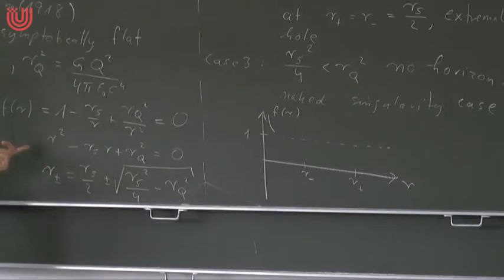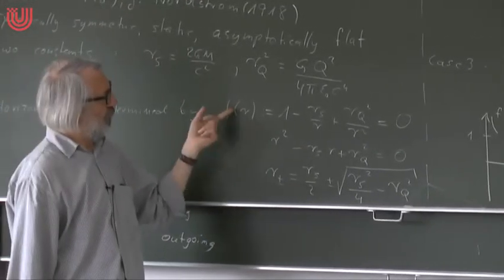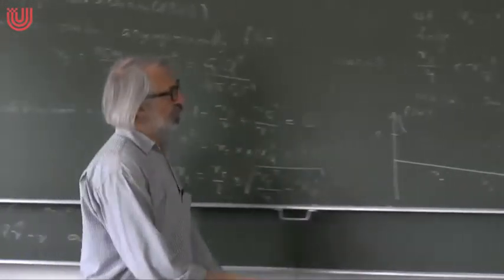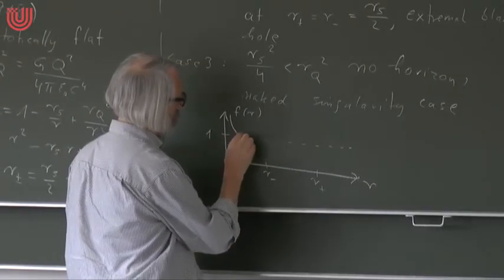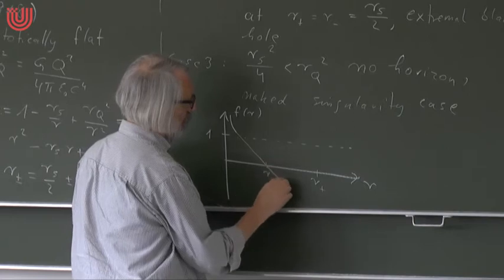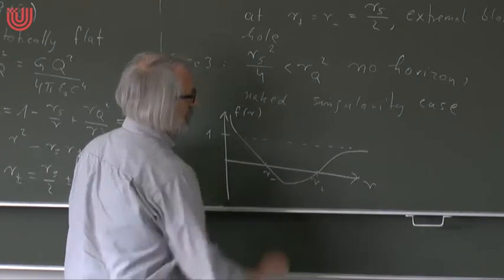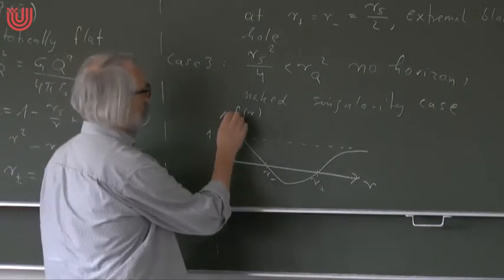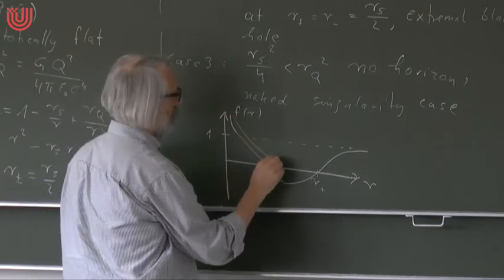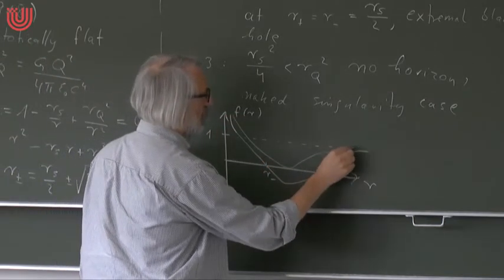This is equivalent to a second order polynomial, so it can have only one extremum. So it must be something like that here. So that's the behavior of the function f of r for case 1. For case 2, obviously we have a double zero. For case 2, it's something like that.